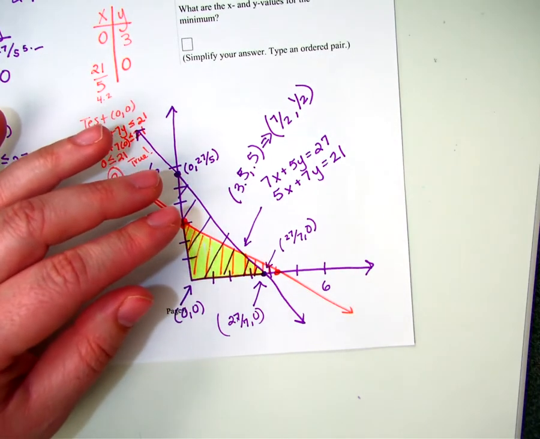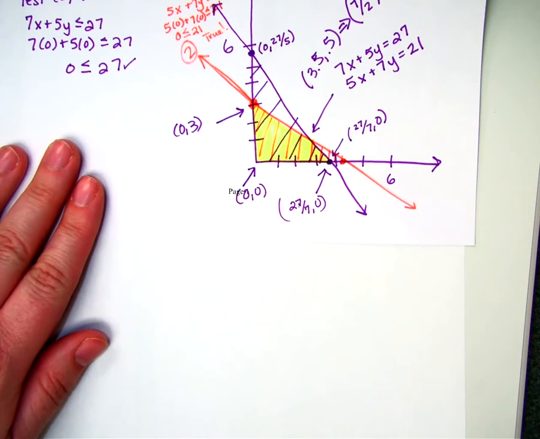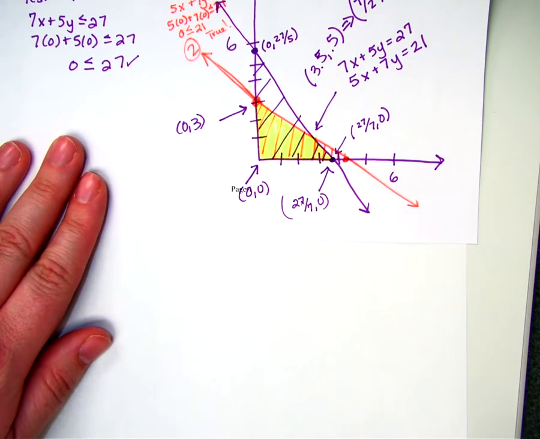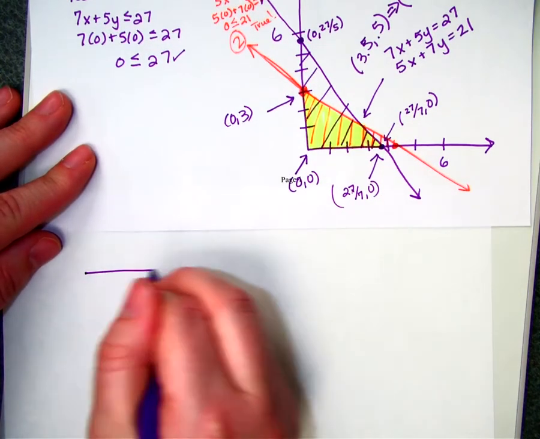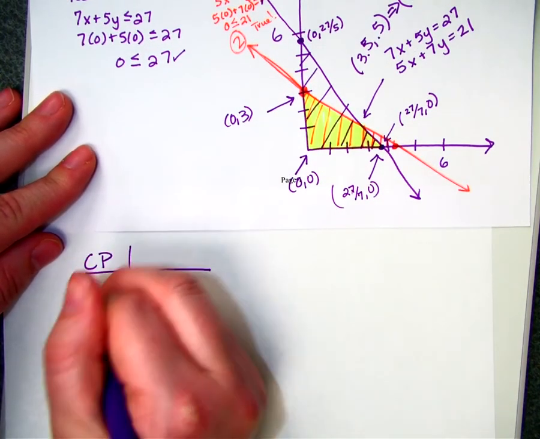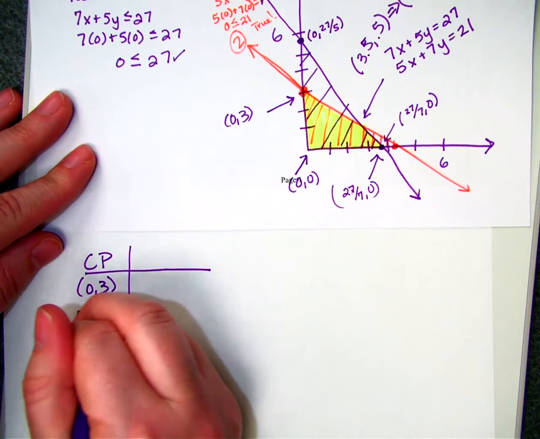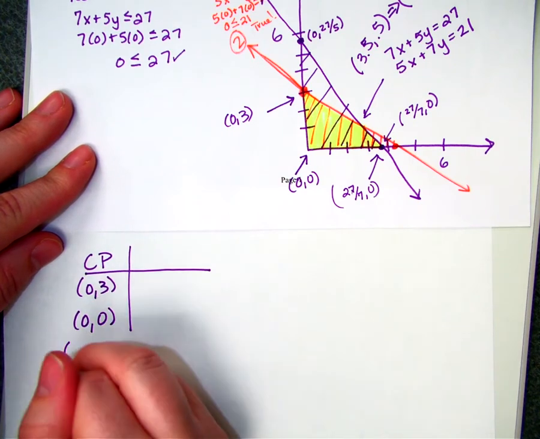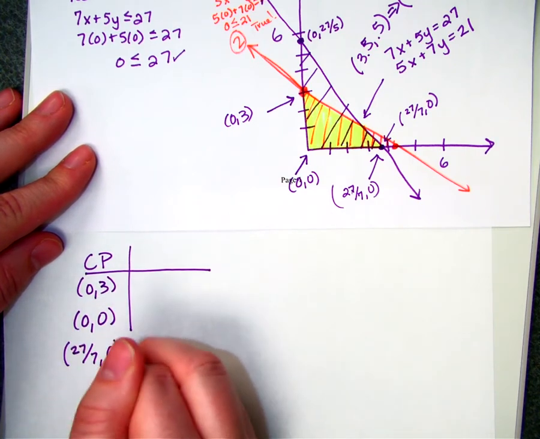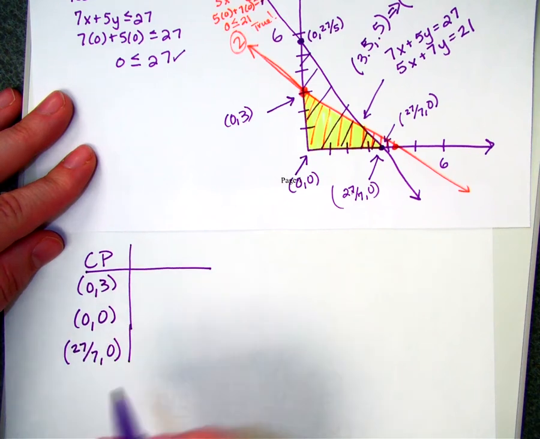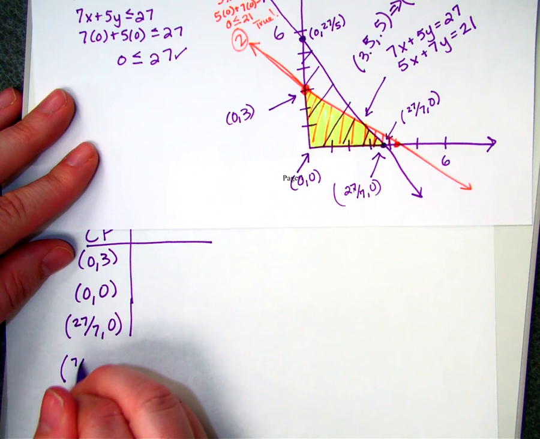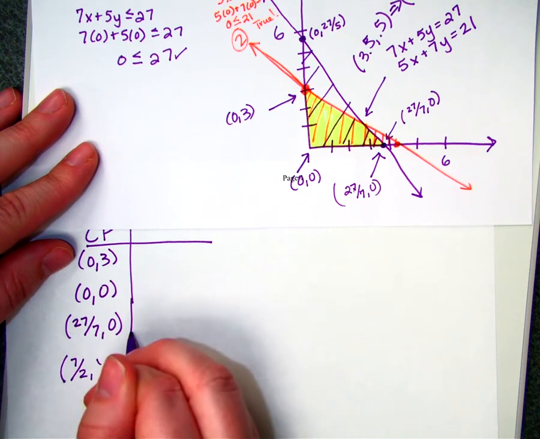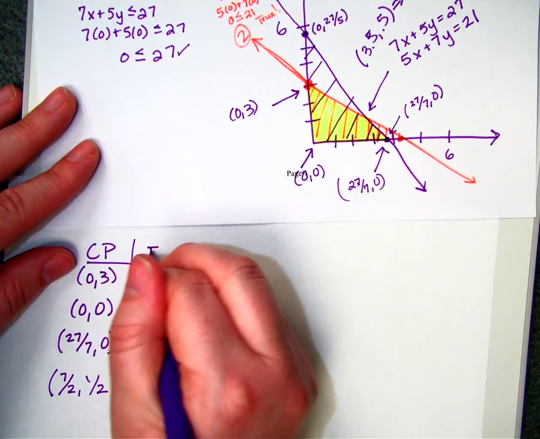Alright, the final step in solving this linear programming problem is to take those corner points that we found that were made by our constraints. So our corner points were 0, 3, 0, 0, 27 over 7 and 0, and 7/2 and 1/2, and plug them into our objective function.